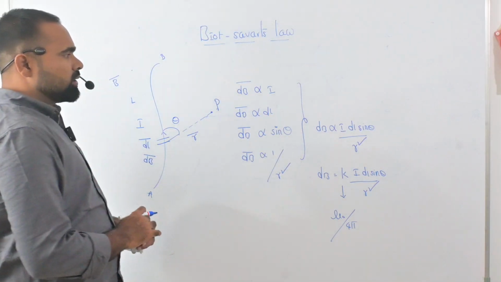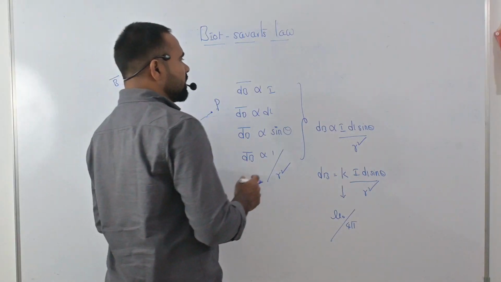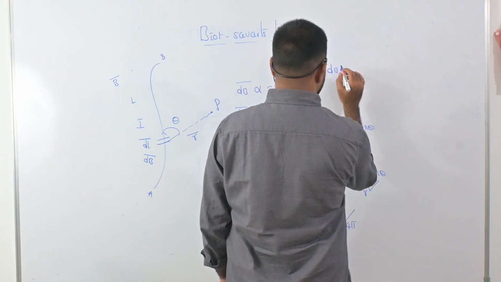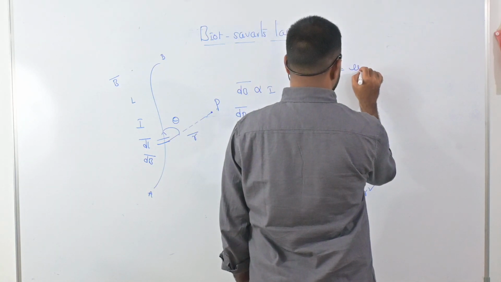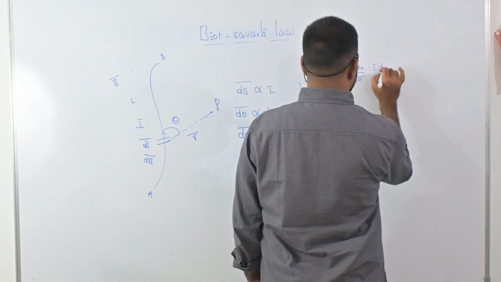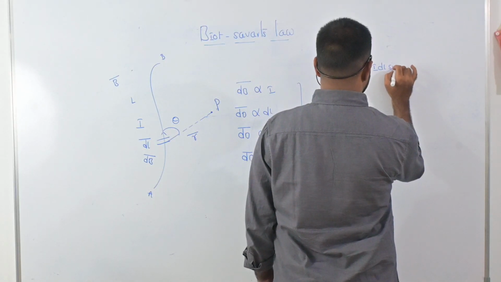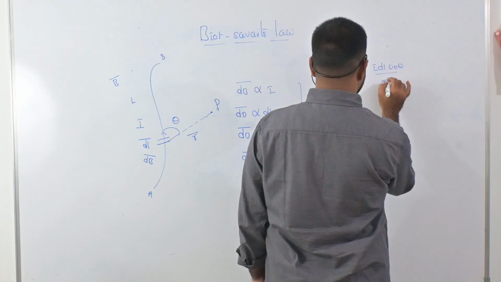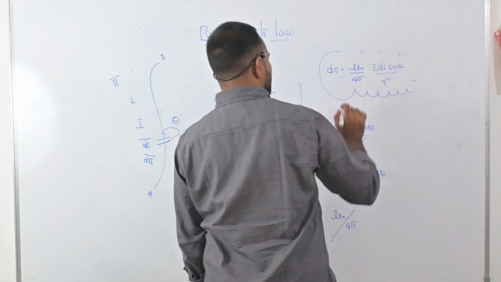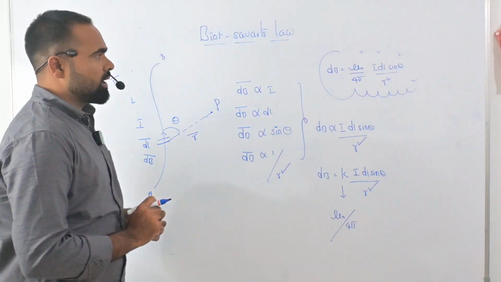So this is the value for K. Now finally we can write the mathematical formula for the Biot Savart law. dB is equal to mu naught by 4 pi into I into dl into sine theta by r square. So it is called the mathematical formula for the Biot Savart law.